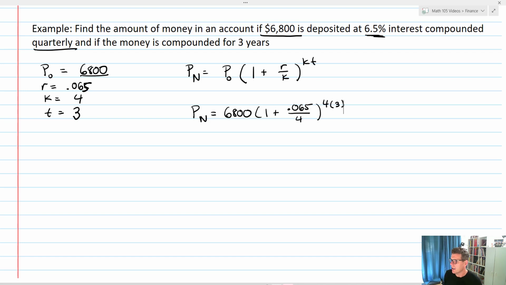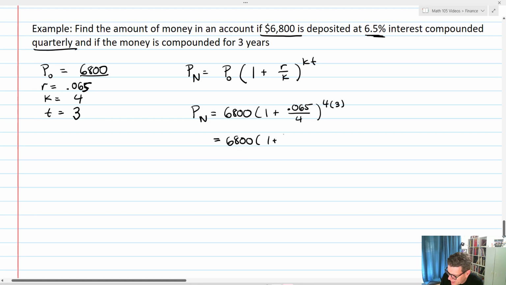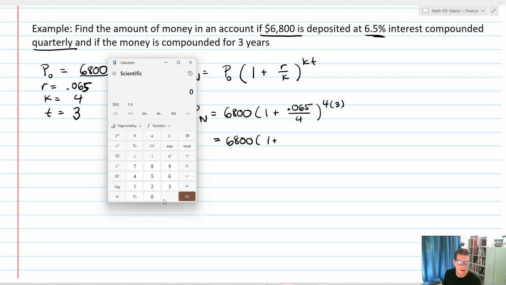I'm going to show you what my calculator looks like as I'm working through it, because oftentimes one of the problems a lot of people have is they mess up their order of operations as they're putting this into their calculators, right? So I'm going to start out with Pn equals 6,800 times 1 plus, and I'm going to take that 0.065 divided by 4.